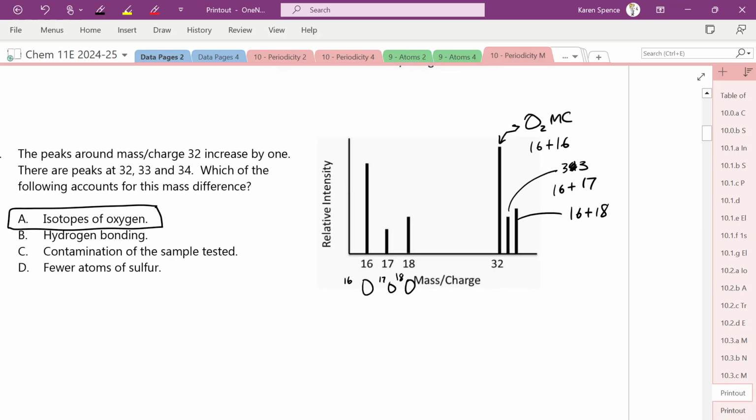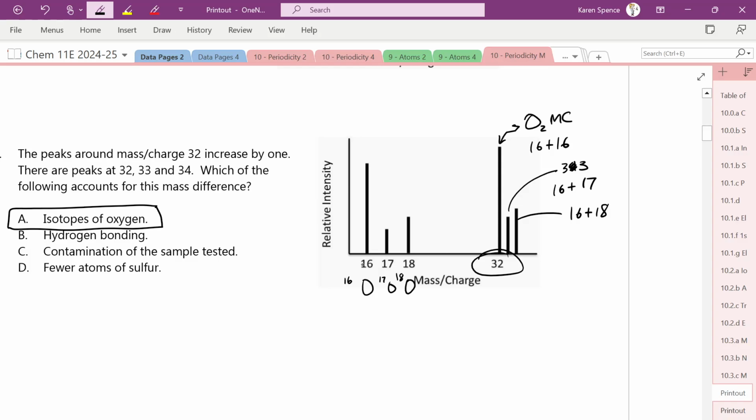Now let's take a look at the other options here. Hydrogen bonding. What does that have to do with anything in a mass spec? I've never heard of hydrogen bonding relative to a mass spec, so that's just a throwaway answer. Fewer atoms of sulfur. They might want to trick you into thinking it's sulfur because there's some 32 and the mass of sulfur is 32.